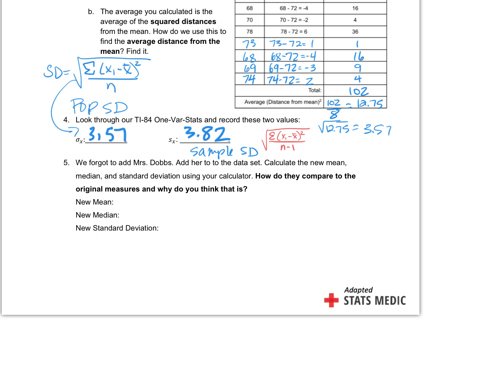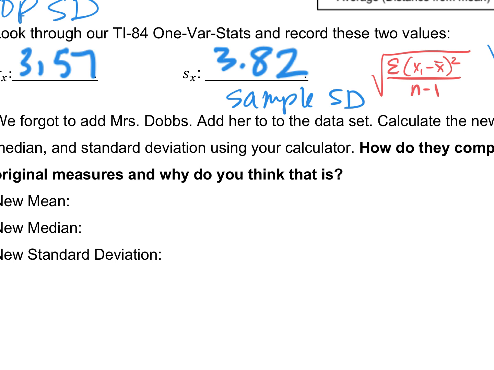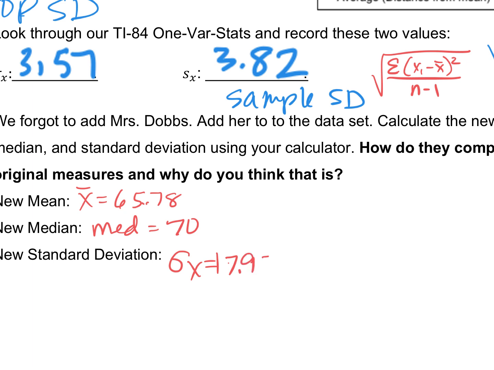Because another student was added. So let's see. My new mean is an X bar of 65.78. What's the median now? 70. And the new standard deviation? 17.92.